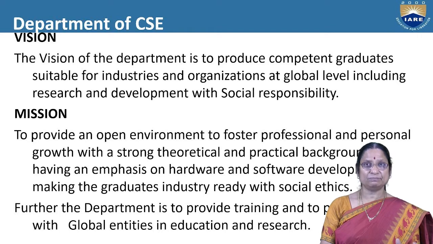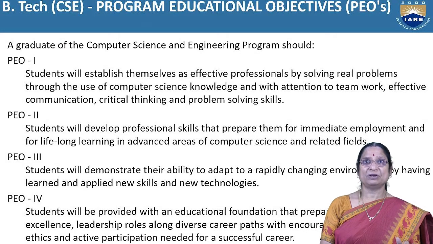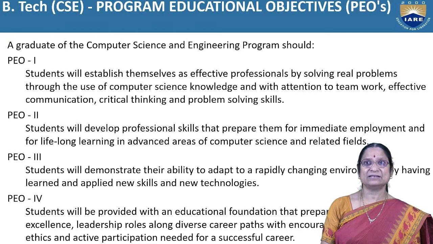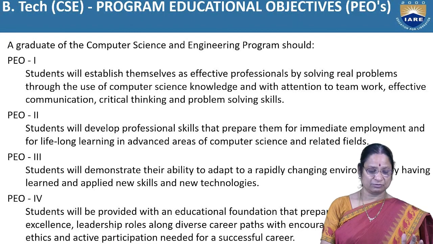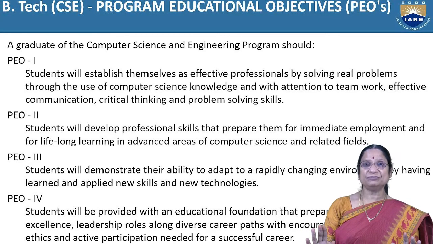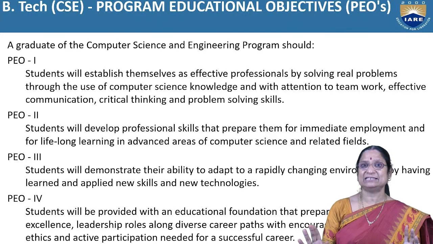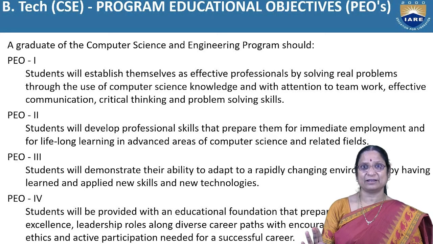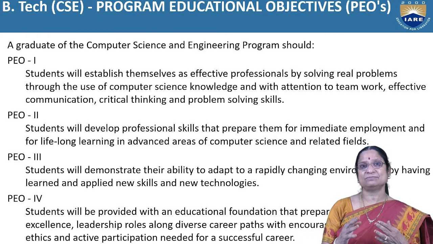So the vision of the Department of Computer Science is this. And for BTech CSC, the program educational objectives are displayed. That is, the graduate of a computer science and engineering program. 4 PEOs are described. Remember, this PEO assessment is not going to be done immediately. After completion of 4-5 batches only, this assessment is going to be done, because these PEO assessments are broad.